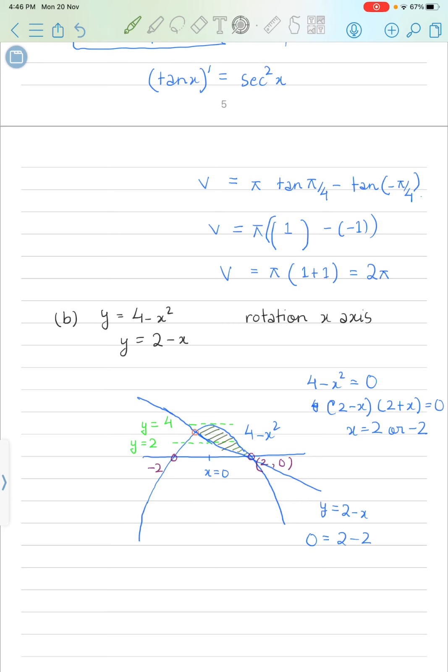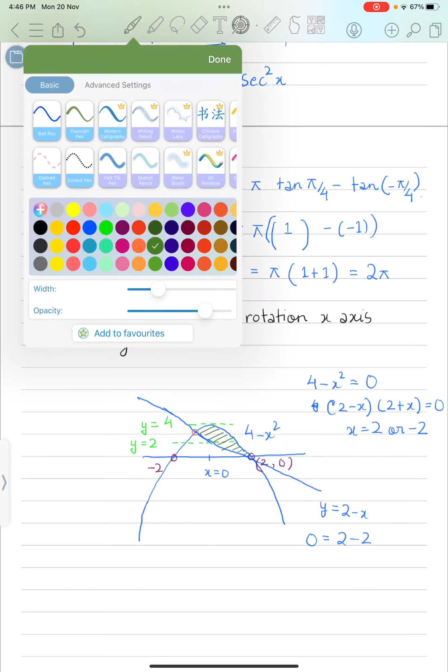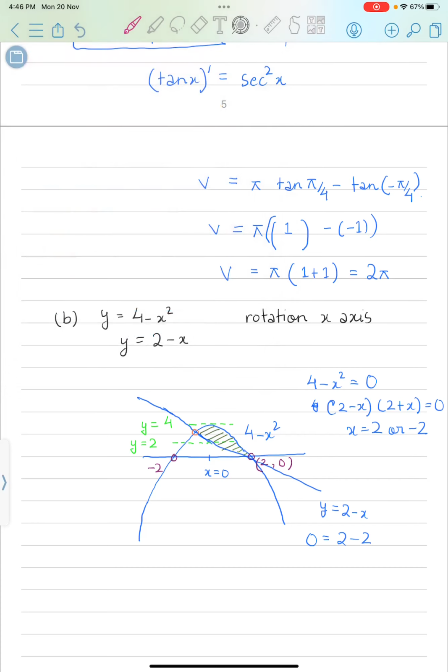Okay, so this thing, the green region, we are rotating it around the x-axis. And we have to find the volume of whatever that comes out to be.